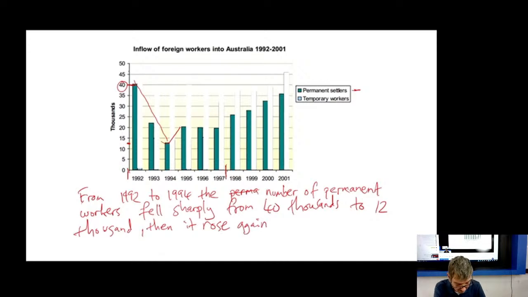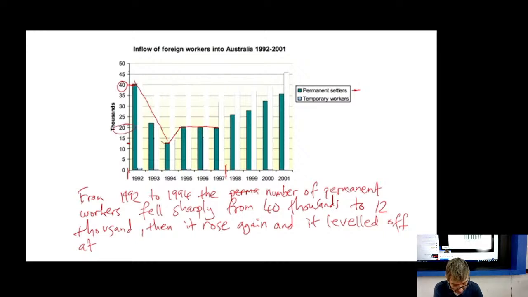And then after that, what happened? You can see that it goes flat. So we describe that part of it. Then it, hopefully you can remember this, levelled off. Then it levelled off at, and then what value?